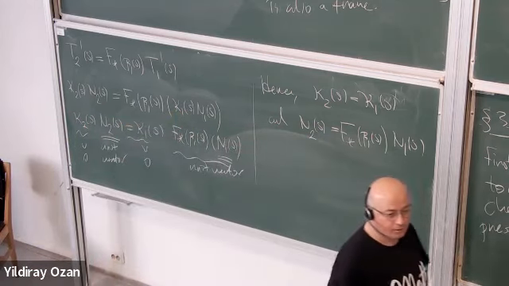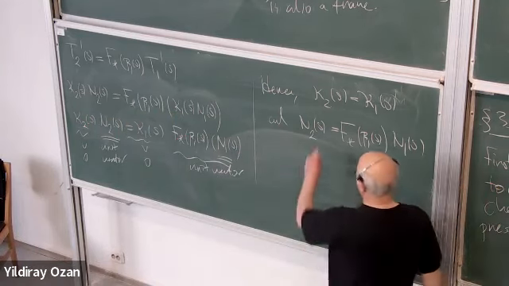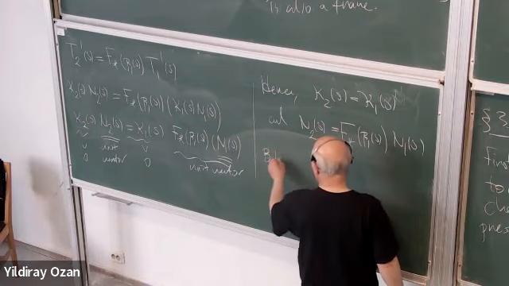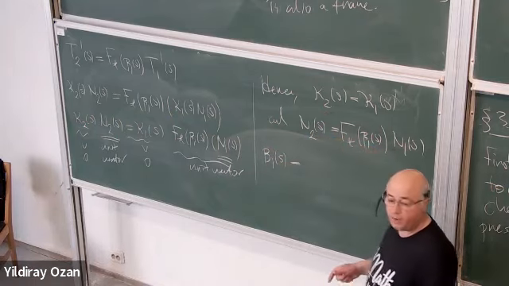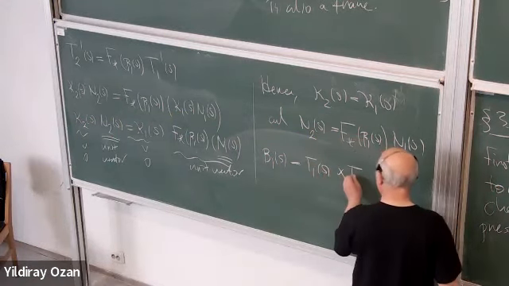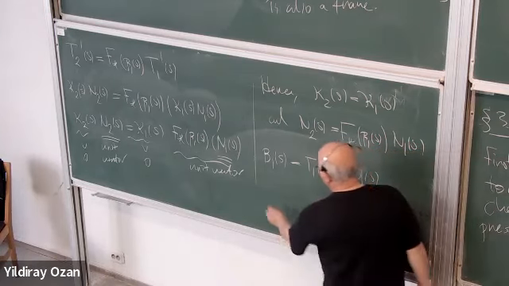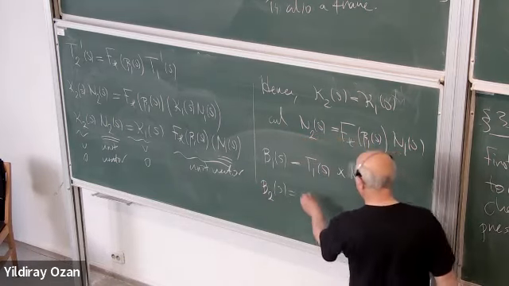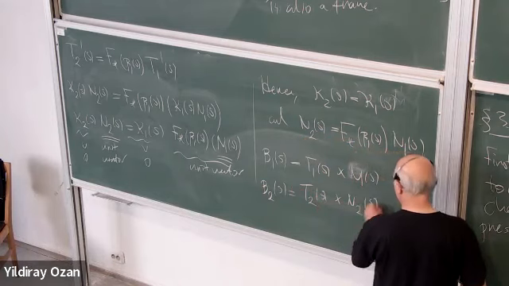What about the torsion? Well, we have to consider B1 and B2. What was B1? B1 was T1 s cross N1 s, right? What about B2? Well, it is T2 s cross N2 s.